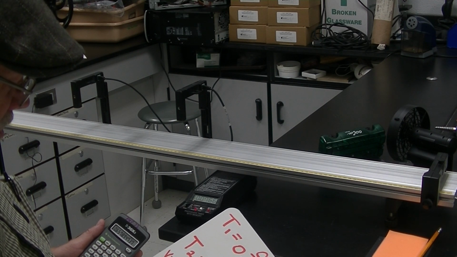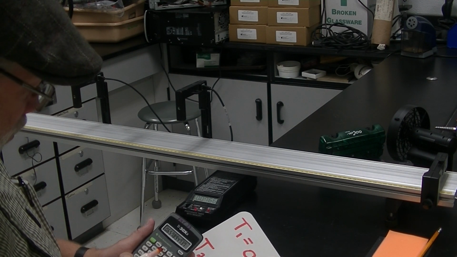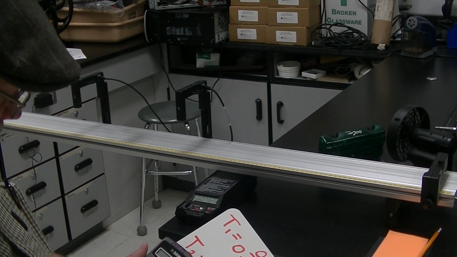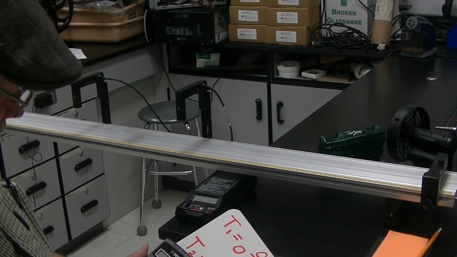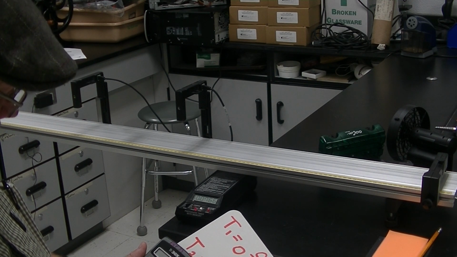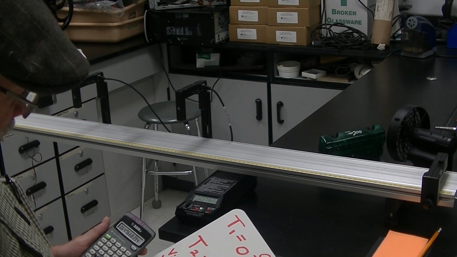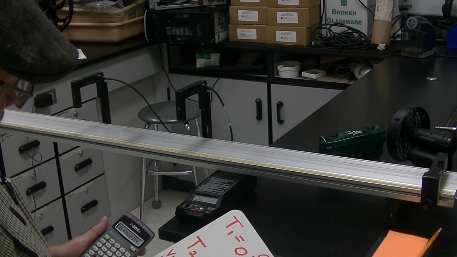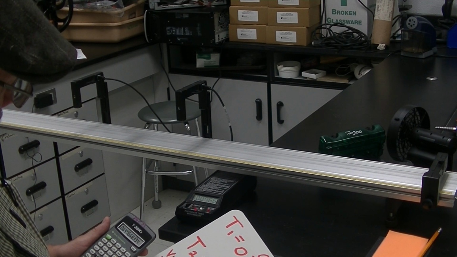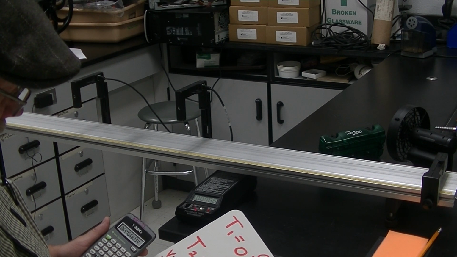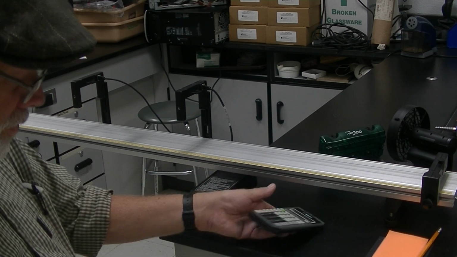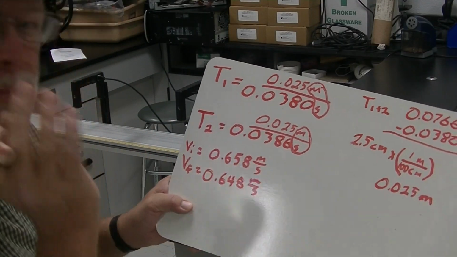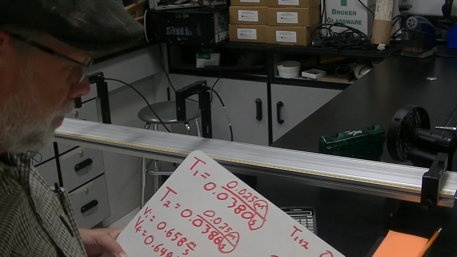Recall 1, so I have my 0.025 in there again, divided by 0.0386 equals, so the next velocity is 0.648 meters per second. Okay, so I have my velocities now recorded. Now I could get to work.